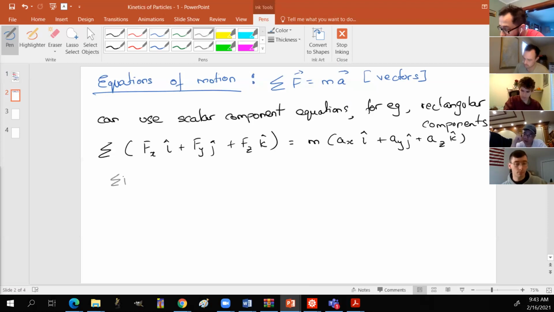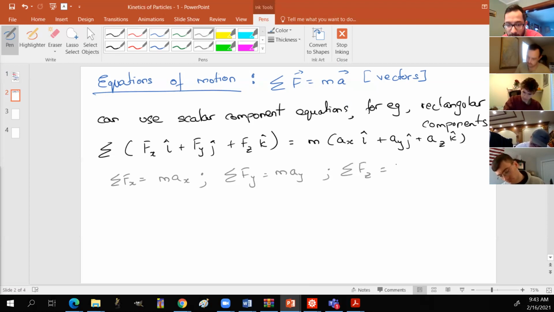So you have sum of forces in the x is equal to m a_x. Sum of forces in the y is equal to m a_y. And sum of forces in the z is equal to m a_z. And we've described these accelerations when we were looking at the kinematics. Wait, am I messing up kinematics and kinetics again?